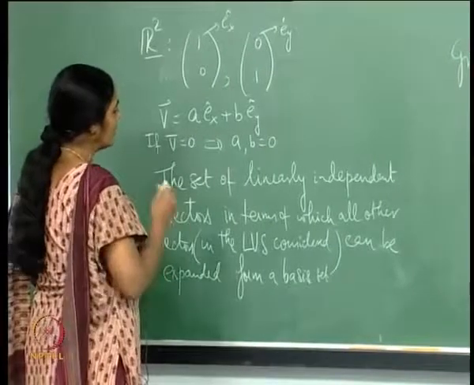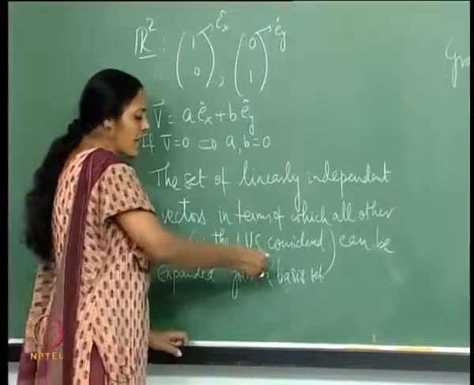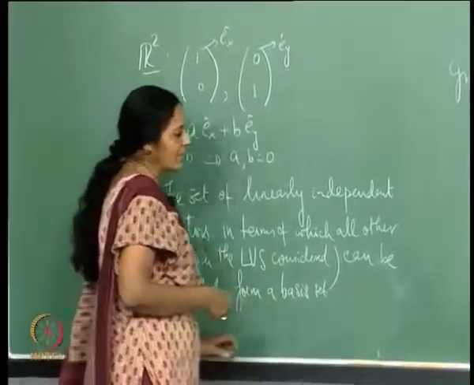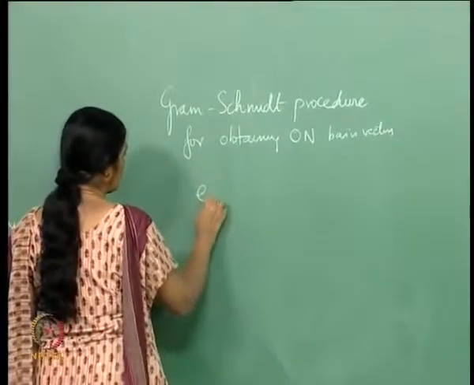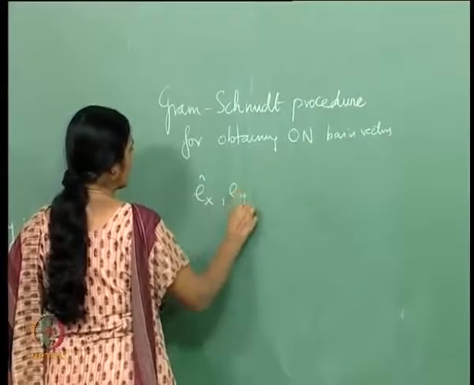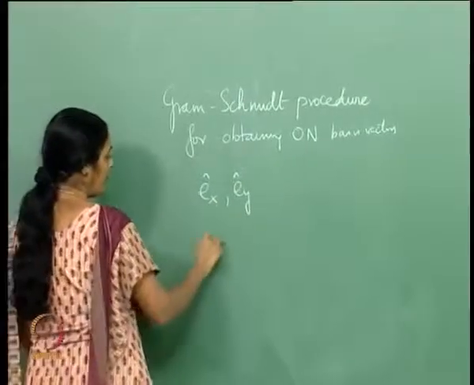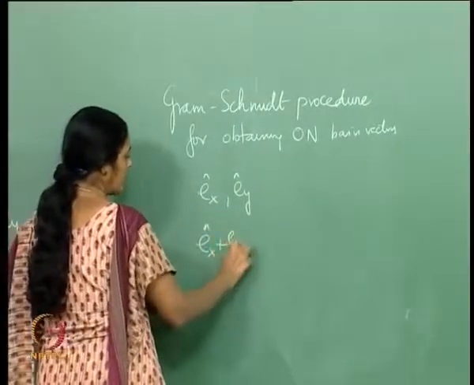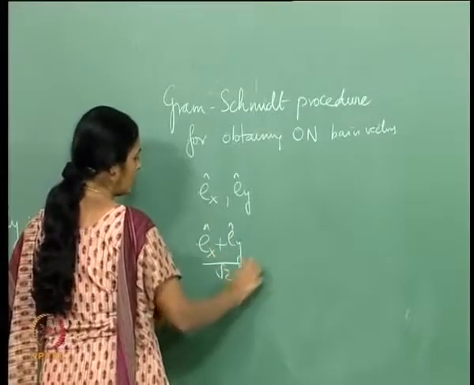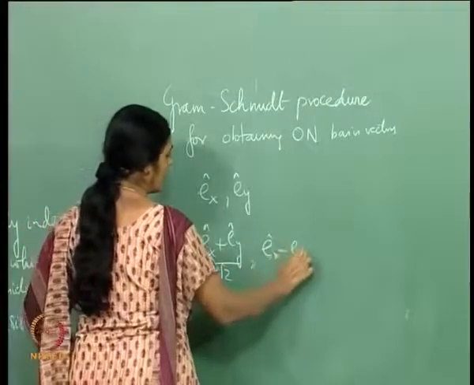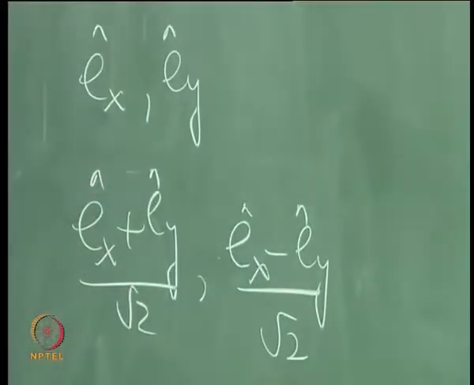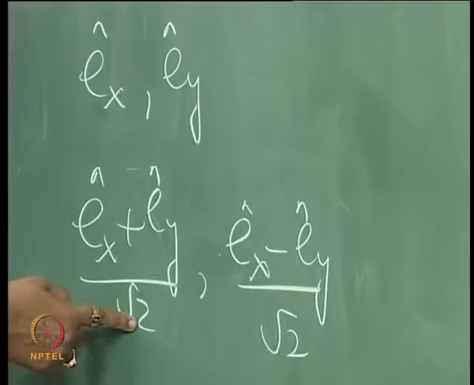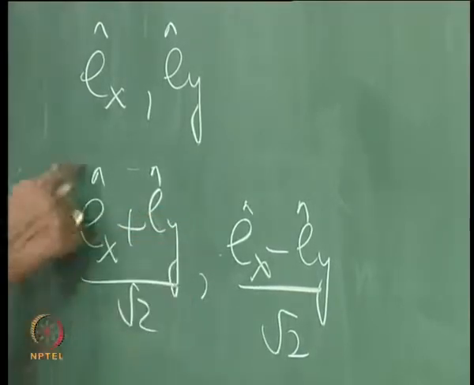But one thing is clear, you need not have a unique basis set in any linear vector space. For instance, in R2, I can expand things in terms of Ex and Ey, or in terms of Ex plus Ey by root 2 and Ex minus Ey by root 2. The root 2 has been put in order to make this object normalized.